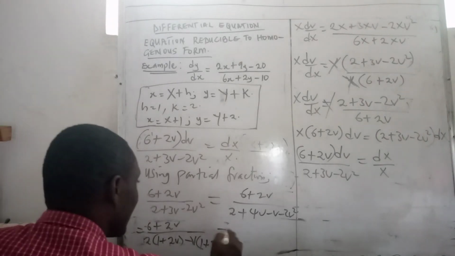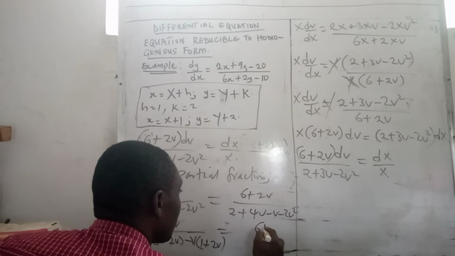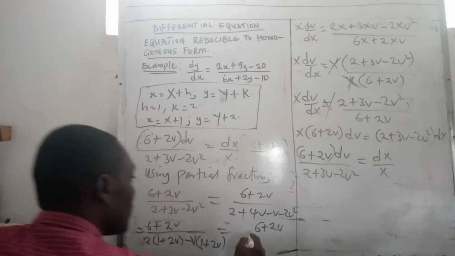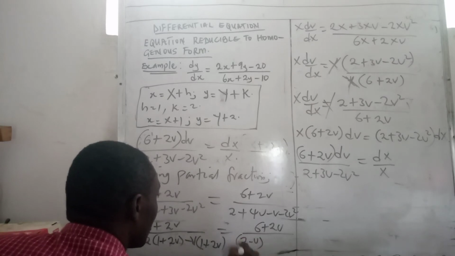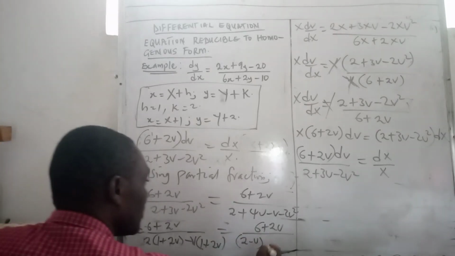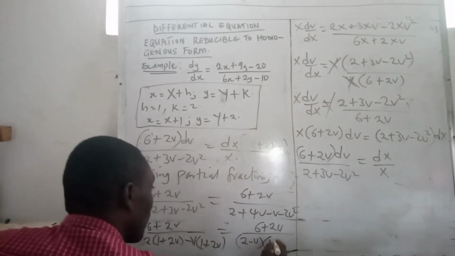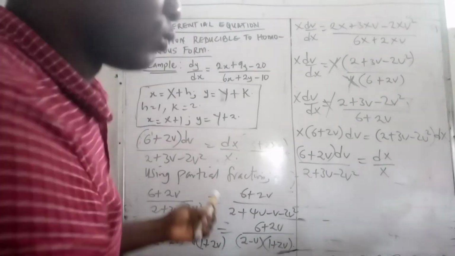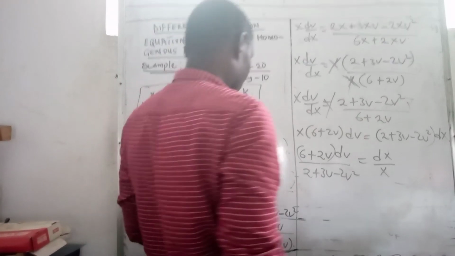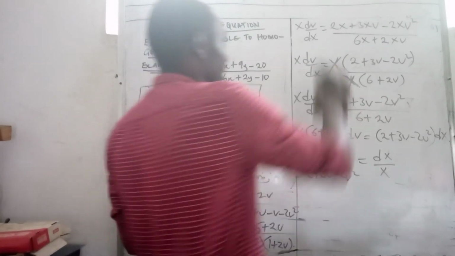So it therefore means that this will be equal to 6 plus 2v all over 2 minus v, and 1 plus 2v. So we have that. So what we'll now do is split this into partial fractions.